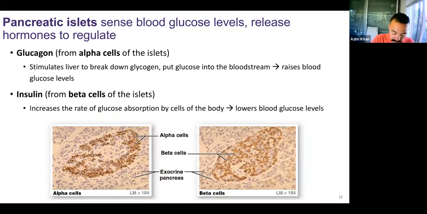Alpha cells produce a hormone called glucagon. When alpha cells release glucagon, this hormone stimulates the liver and muscles to break down a molecule called glycogen. Glycogen is many glucose molecules put together.